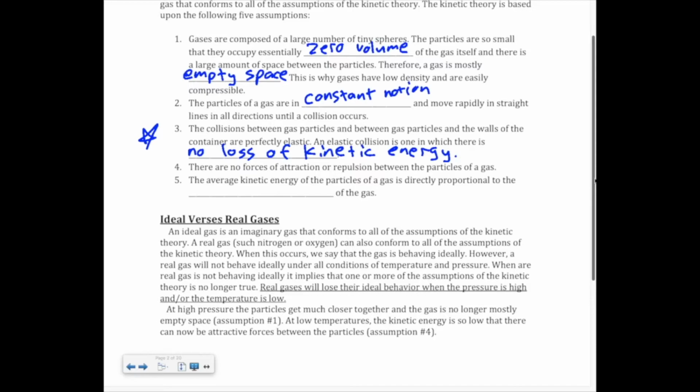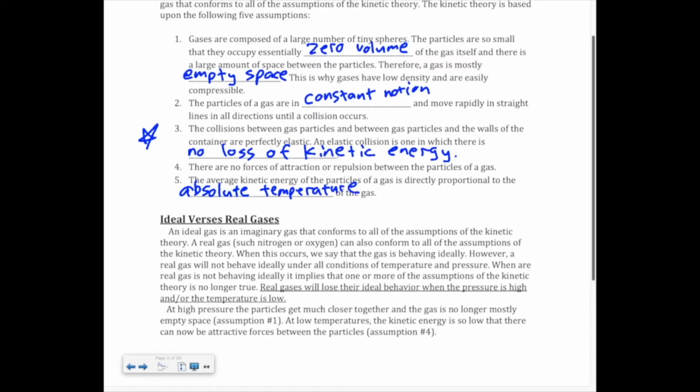with things. So now, number 4, there are no forces of attraction or repulsion between the particles of gases. And number 5, the average kinetic energy of the particles of a gas is directly proportional to the absolute temperature of the gas.